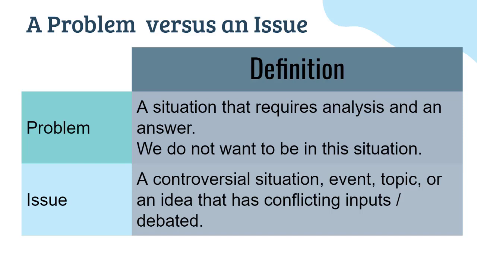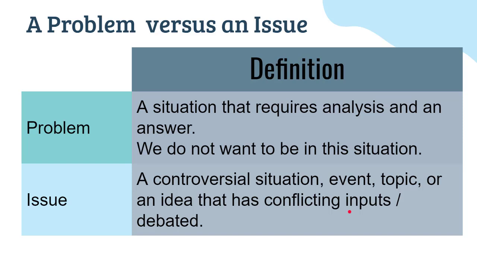So one of the differences between a problem and an issue is that we do not need to solve an issue immediately, because we need to look at the conflicting inputs or the ideas of both parties, of both the groups of people opposing or supporting an issue.